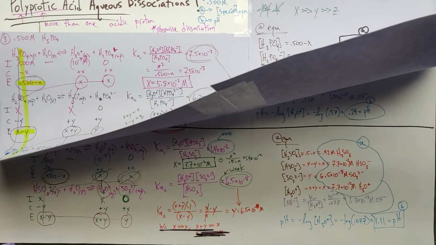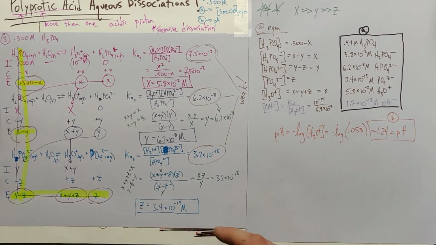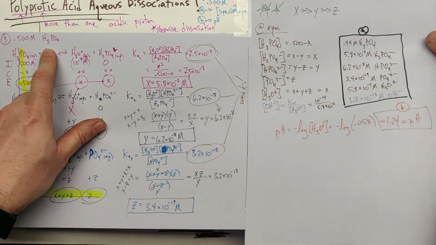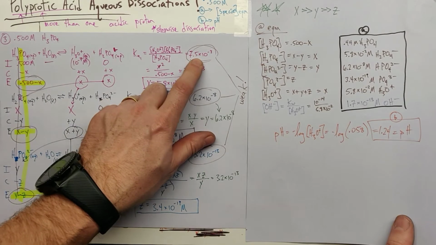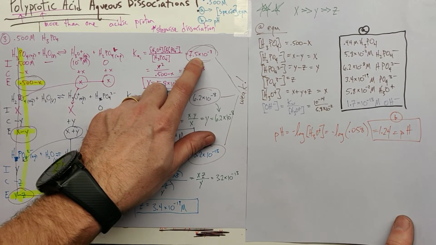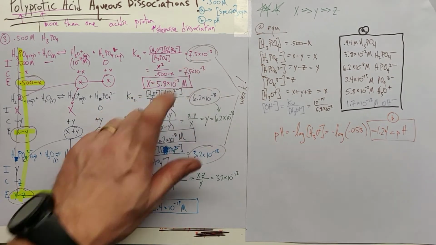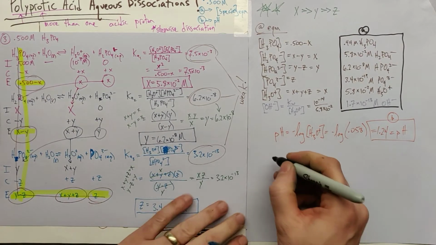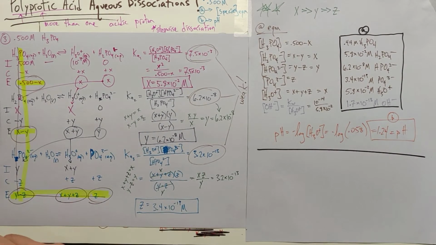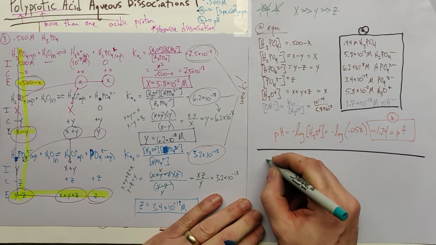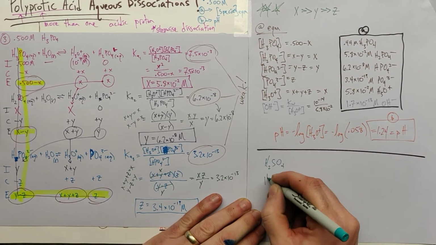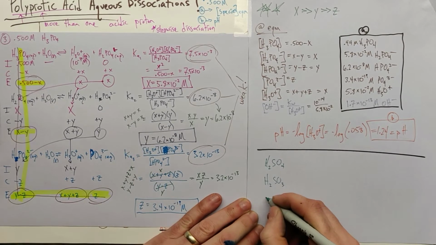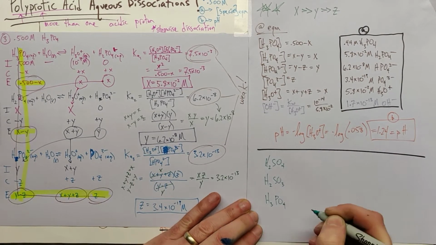And I'm flipping back here to see if we can see it, but H3PO4 had a K value of 7.5 times 10 to the minus 3. It's a weaker acid. In fact, maybe I can just write this down. H2SO4 is what we started with, then we did H2SO3, and then we did H3PO4.